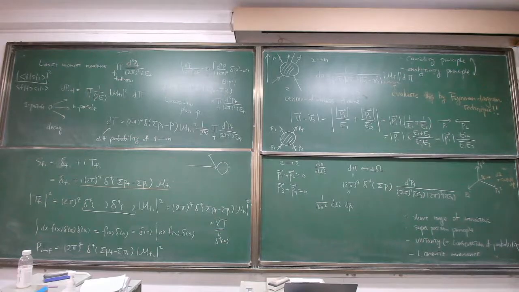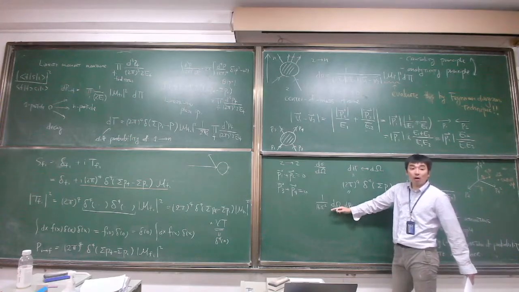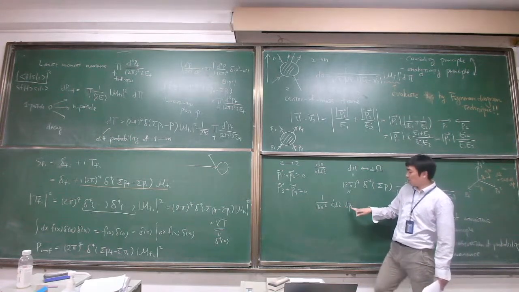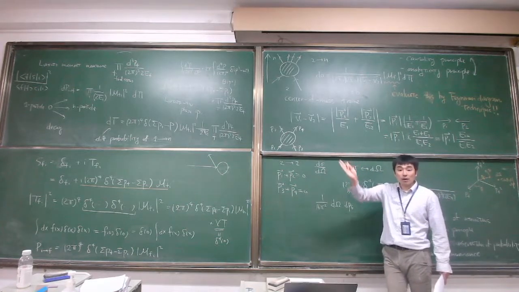Is it okay? Am I correct? Sorry, φ is this direction, and θ is this direction. This is the spherical coordinate, and Ω is really the angular part of the spherical coordinate, and p_f is the radius part.